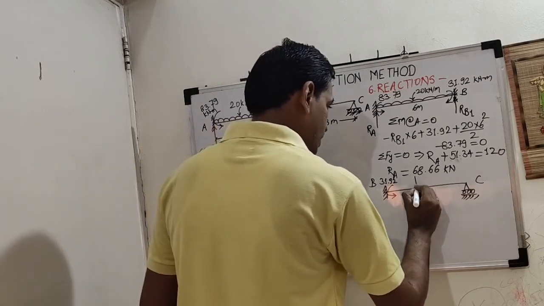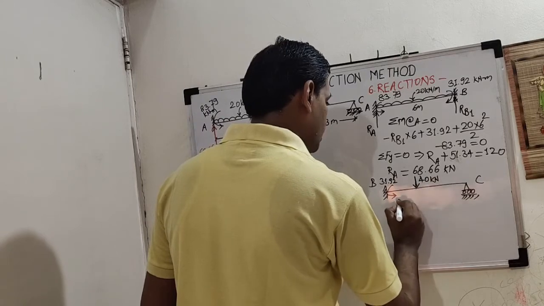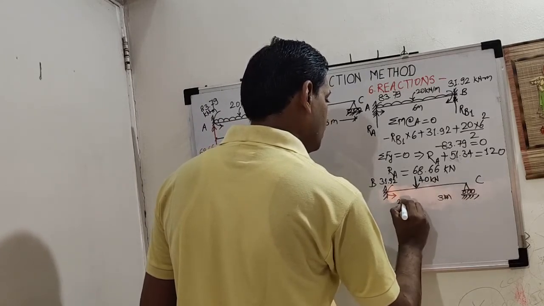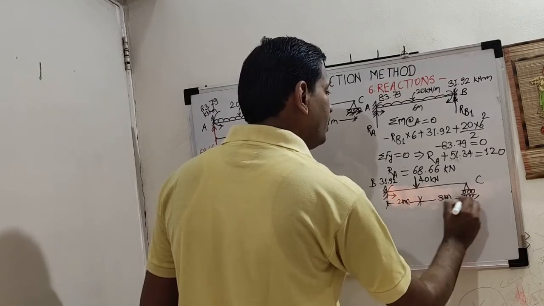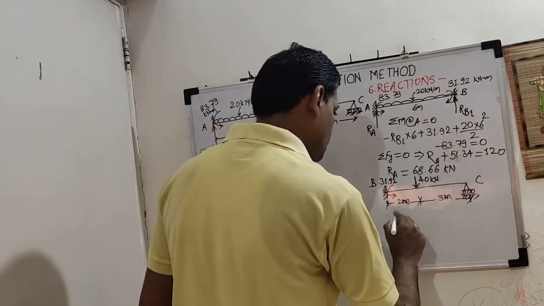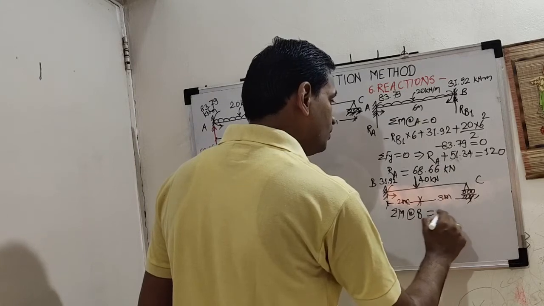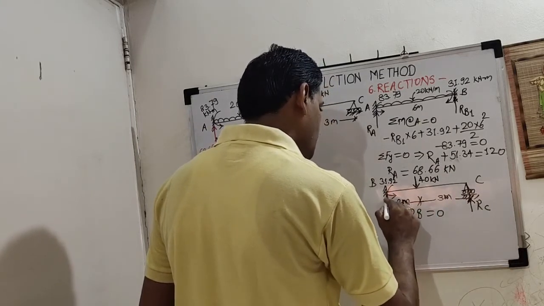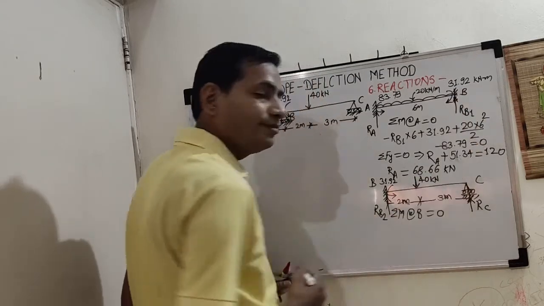Then there is a 40 kilonewton point load. This distance is 2, this is 3. We will again find the two reactions using the same conditions. Here I will show RC and this will be RB2, because RB1 is here.